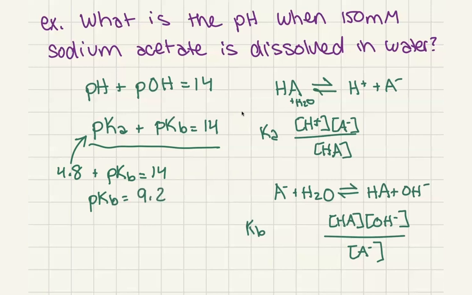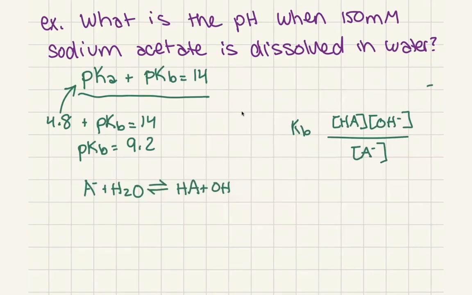So that's great. Now we can set up the same sort of reaction that we had before. When we add that base, it's going to react with the water, so you're going to lose from this and gain here.